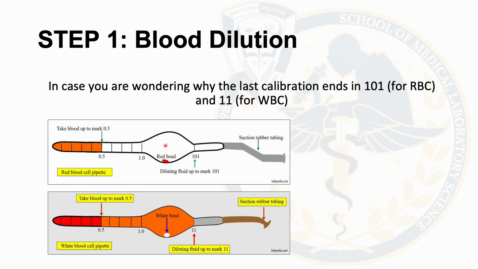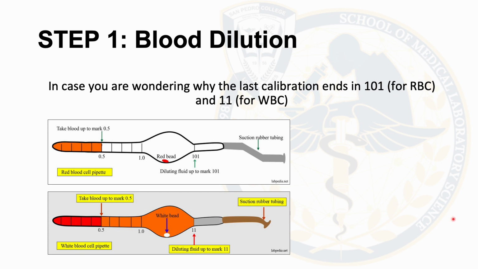But if you will try to check, the capacity of the red blood cell bulb is only 100. Nasaan yung 1? Kasi 101 ito eh. Nasa stem niya. The same thing with your WBC. The volume capacity of your white blood cell bulb is only 10. So, nasaan yung isang 1? Because 11 dapat ito. That's present in your stem.